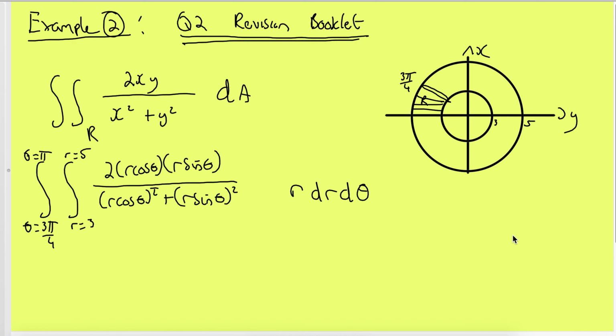So, same steps as always. You swap your dA or your dx dy for r dr d theta. You swap your x's for r cos theta and your y's for r sine theta. And then we're going to see if it simplifies into something nice. It should normally become quite a nice function.